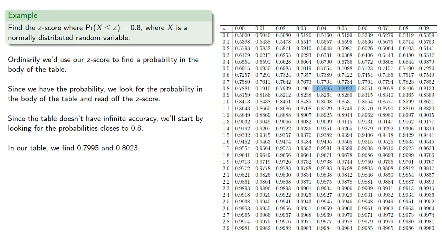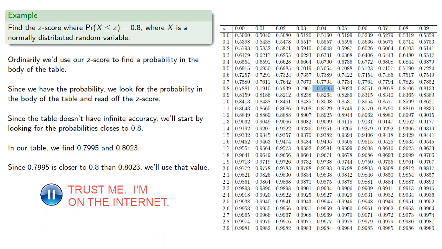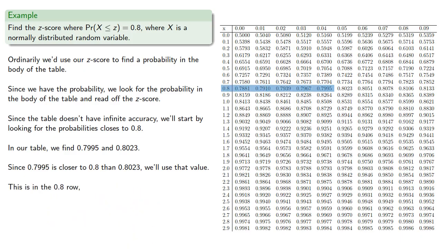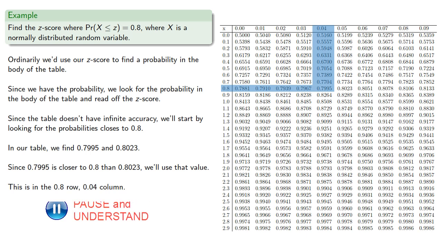Since 0.7995 is closer to 0.8 than the other value, we'll use that. And this is in the 0.8 row, 0.04 column. So the z-score is 0.84.